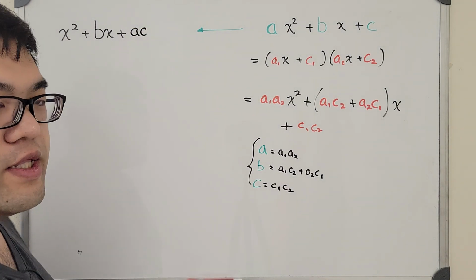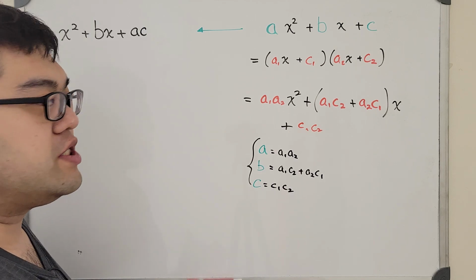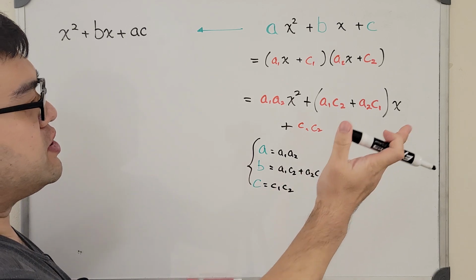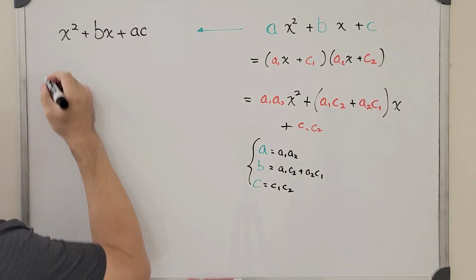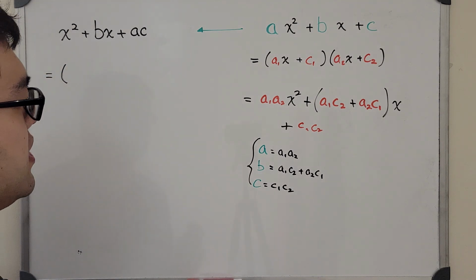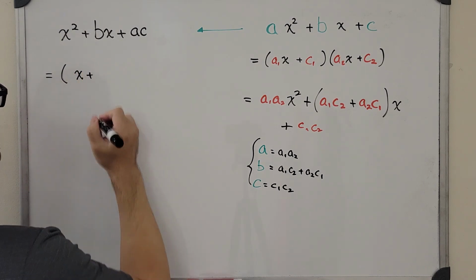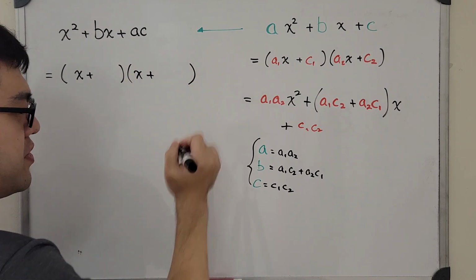And again, that's because in the sliding method, we want to turn our leading coefficient a into 1, and then that a we will just bring to the constant term, so that once we try to factor this out, we will be able to get something like x plus something times x plus another thing.